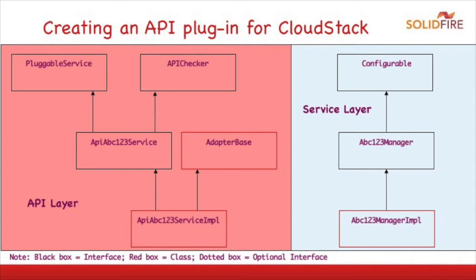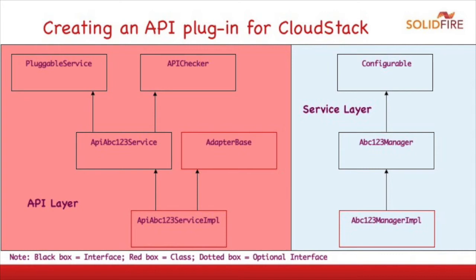The black ones are interfaces. The black ones with the dashed lines are optional interfaces. So we've got a couple required classes, a couple required interfaces, and some optional interfaces.